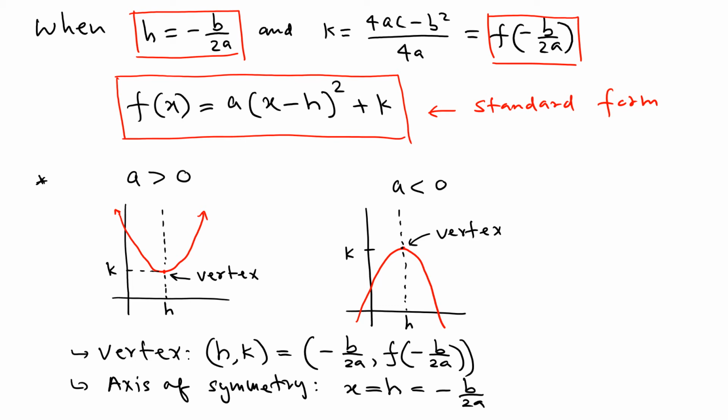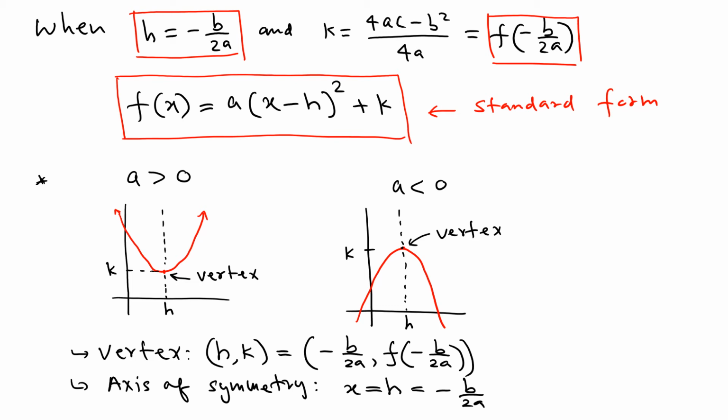So that's going to be the axis of symmetry, x equals negative b over 2a. That's the h coordinate, the x value. So you can write it like that. So that's the vertex and the axis of symmetry.